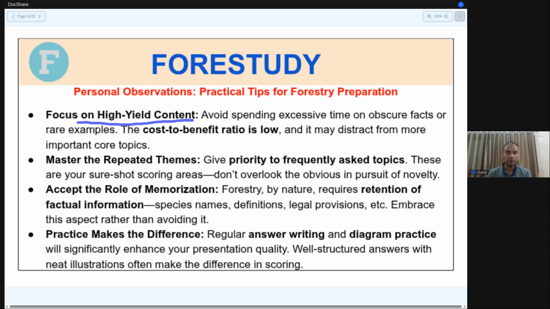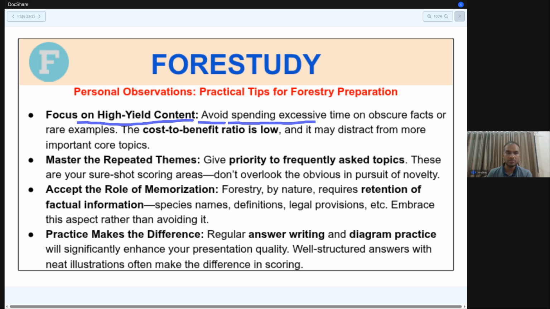So you have to devote time according to your needs. You are here to prepare for the Indian Forest Service examination, so avoid spending excessive time on obscure facts or rare examples. The cost benefit ratio is low. It is very unlikely that such a topic will be asked, and chasing those topics may distract you from more important core topics.